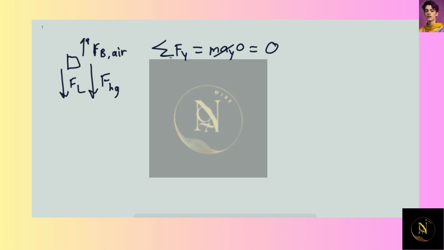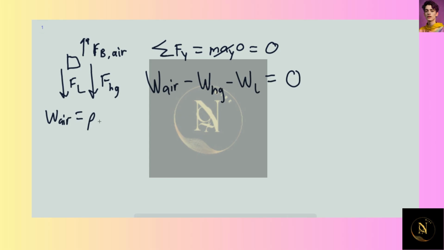So we can redefine these variables and say that the weight of the air minus the weight of the heated gas minus the weight of the total load must equal 0. The weight of the air can be defined as the density of the air times the volume being displaced times the acceleration due to gravity.